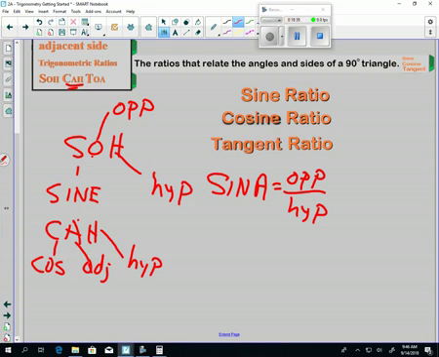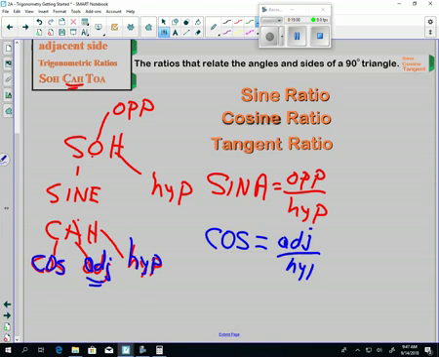So my cosine, I'll just write it. Remember, the A is the adjacent. Cosine will be adjacent over hypotenuse.